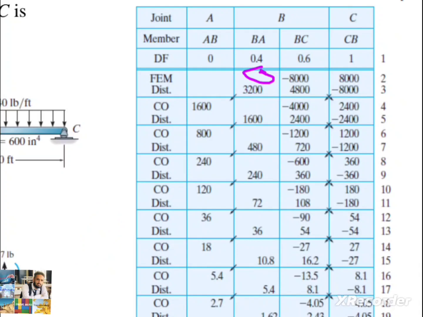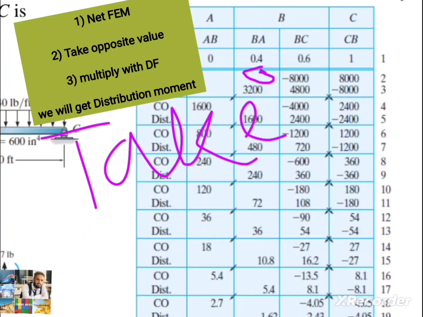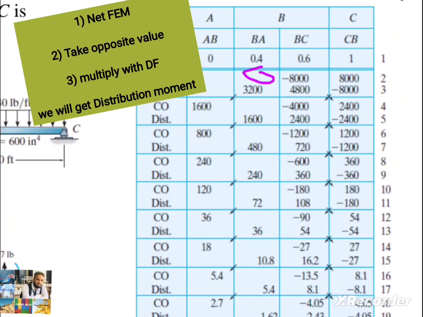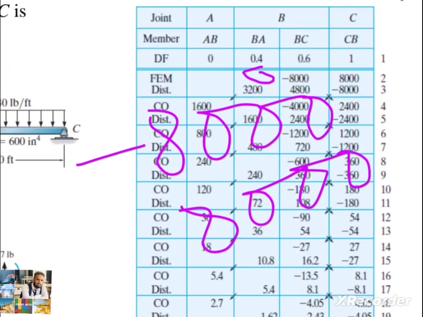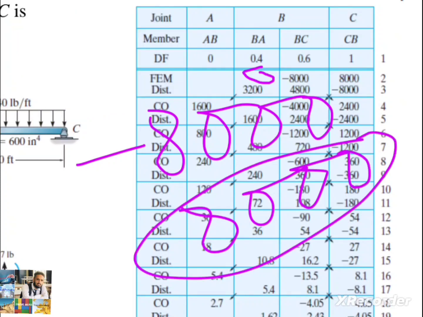Take the opposite sign value: the total moment is minus 8000, so the opposite of minus 8000 will be plus 8000. This plus 8000 will be used for calculation.